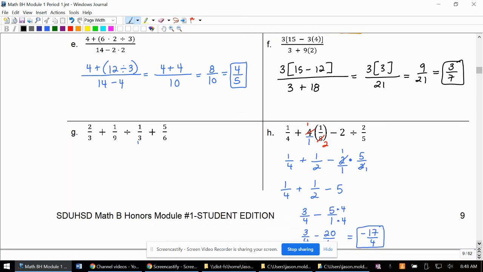And the last one on this page, more with fractions. Multiply by the reciprocal. Cross cancel.